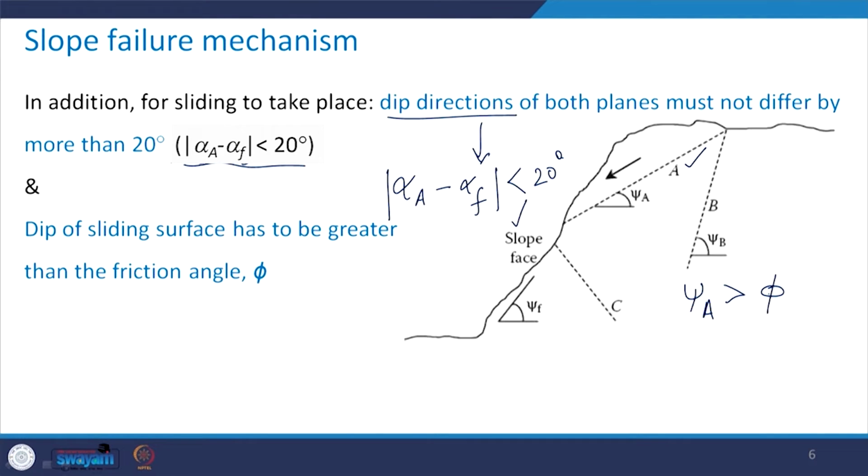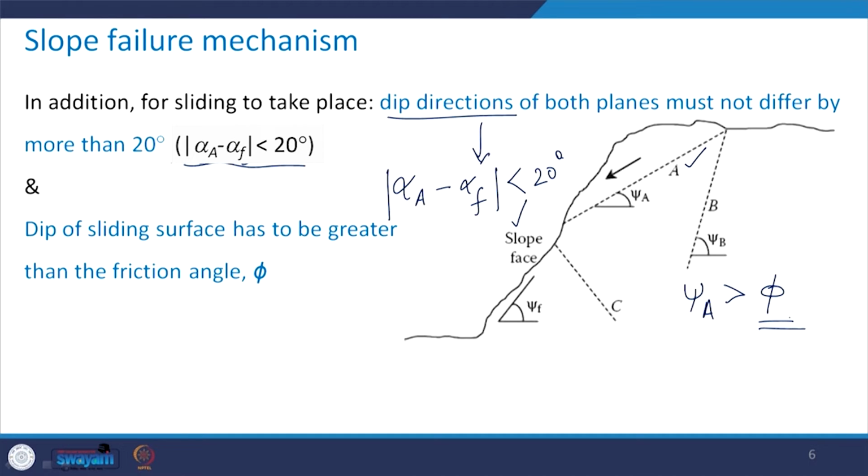So, we have three conditions with respect to respective orientation of slope face and the discontinuity, respective dip directions of slope face and the discontinuity, and respective magnitude of dip of the sliding surface and that of the friction angle.